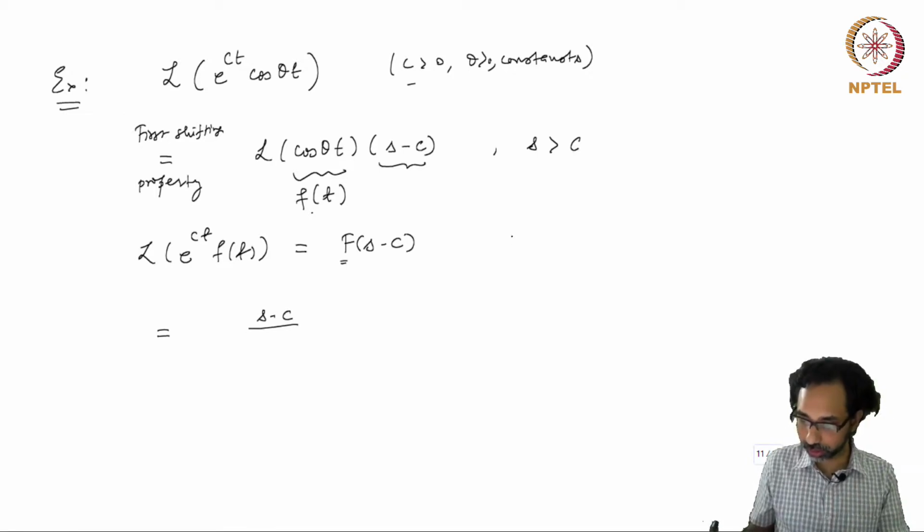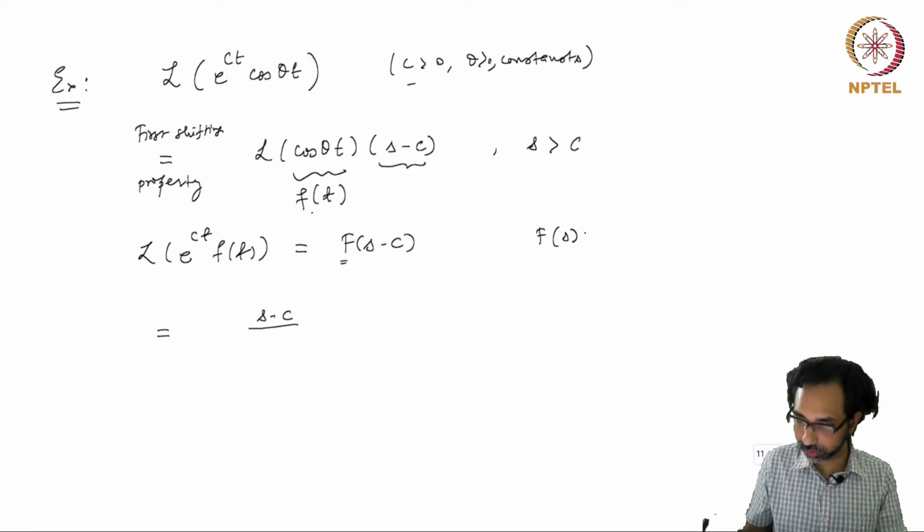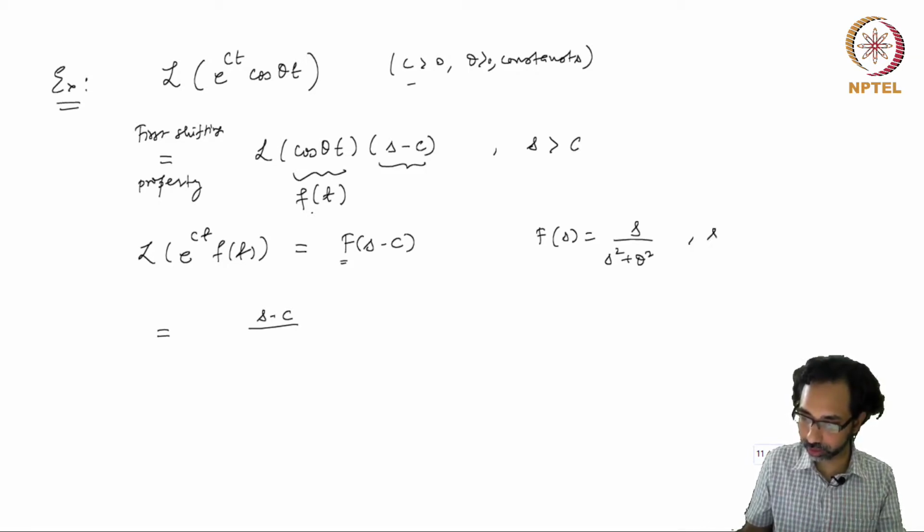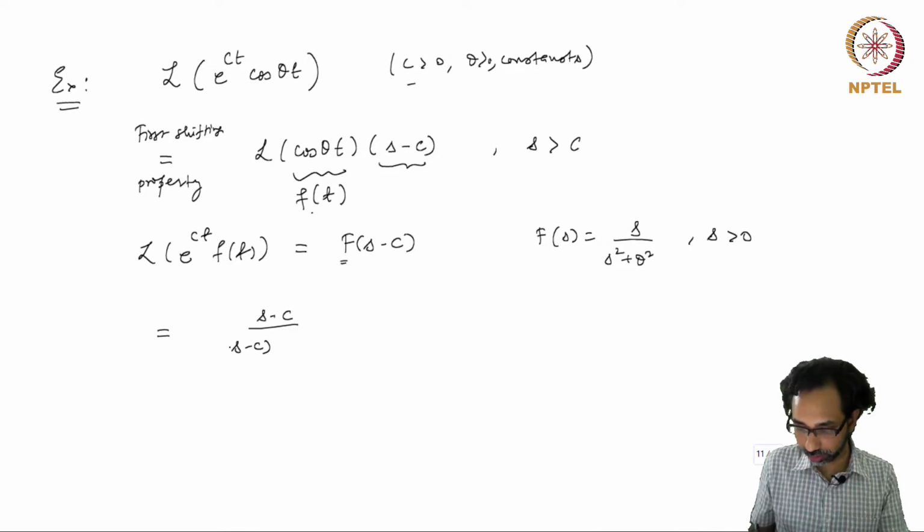So since the Laplace transform of cos theta t is given by s over s squared plus theta squared for s greater than 0, when we replace s by s minus c, we get (s minus c) over (s minus c) squared plus theta squared, and here s is again greater than 0.